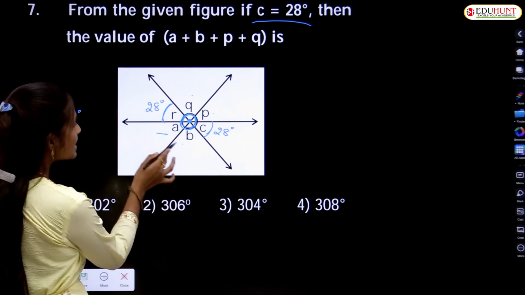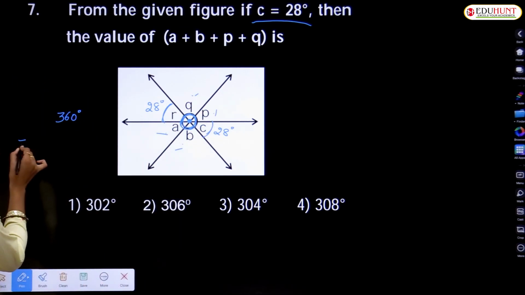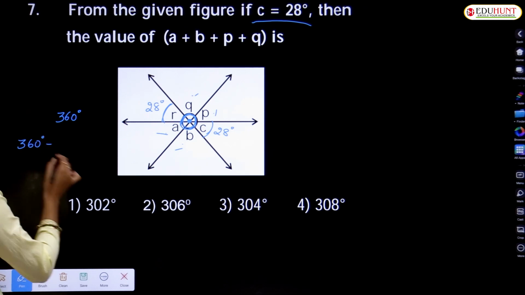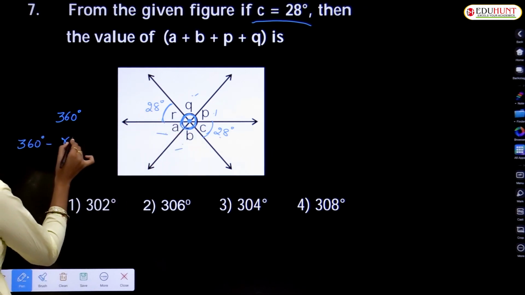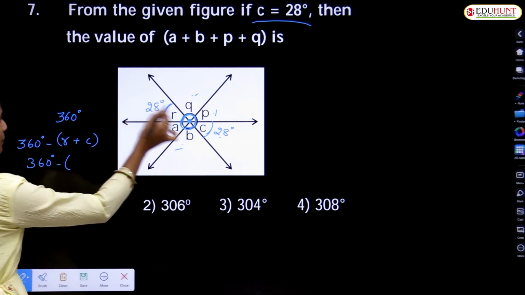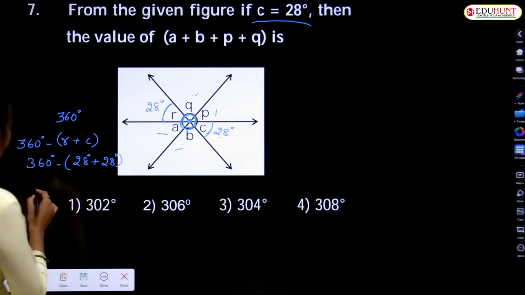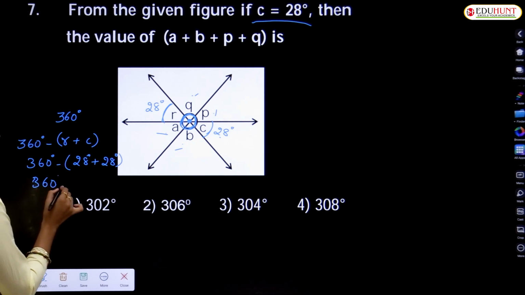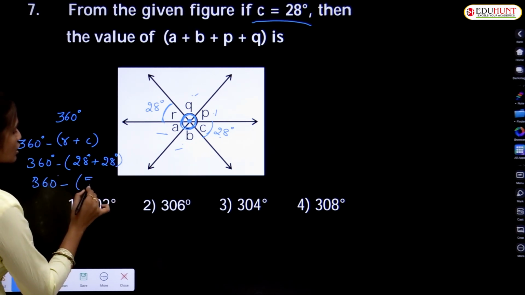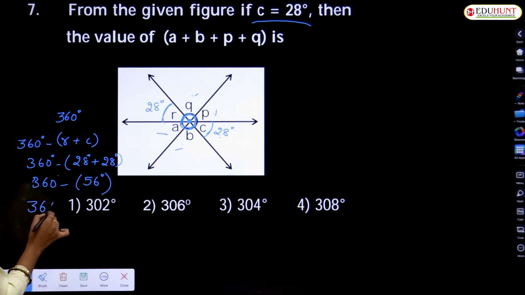The sum of the angles A, B, P, Q. That sum they are asking, that's why 360 degrees minus R plus C, which is 28 plus 28 degrees. Okay, so 360 degrees minus 56 degrees. Clear? So 360 degrees minus 56 is equal to 304 degrees.